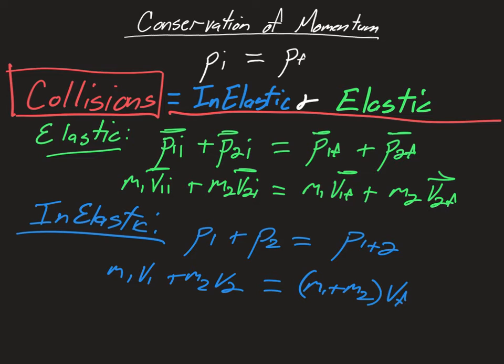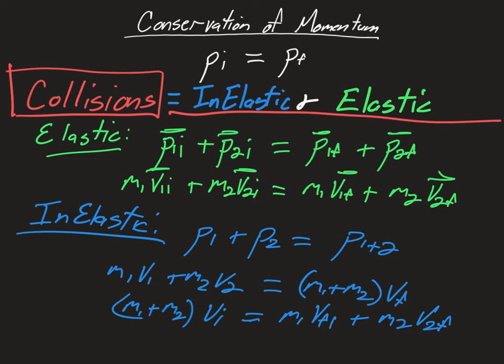What's also really cool about inelastic collisions is you can do this backwards. So that means that I can start with one object that's made of multiple parts, and I can have it blow up or separate, and you would end up with multiple parts.